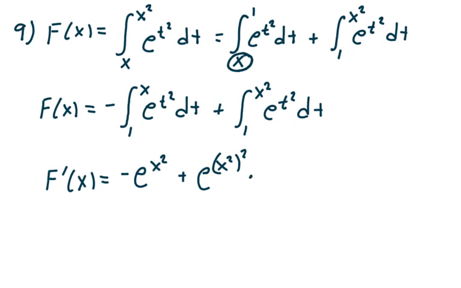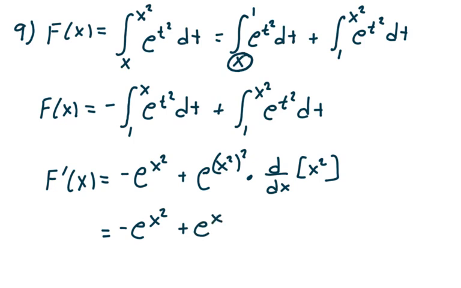But by the chain rule, I have to multiply by the derivative of x squared with respect to x. And if I simplify, this is negative e to the x squared plus e raised to the x to the fourth times 2x. So again, this is f prime of x. Number 9 is a great question.